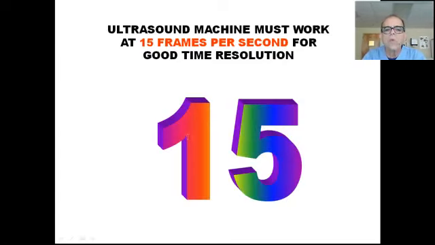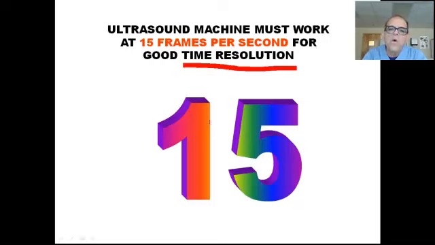An ultrasound machine must work at 15 frames per second for a good time resolution. This is a new kind of resolution, time resolution. But time resolution is more important in echocardiography because in echocardiography the doctor works over a dynamic picture, over a movie, cinema.